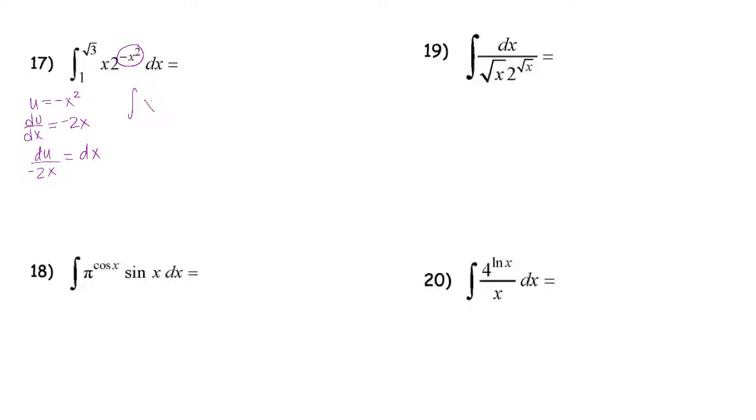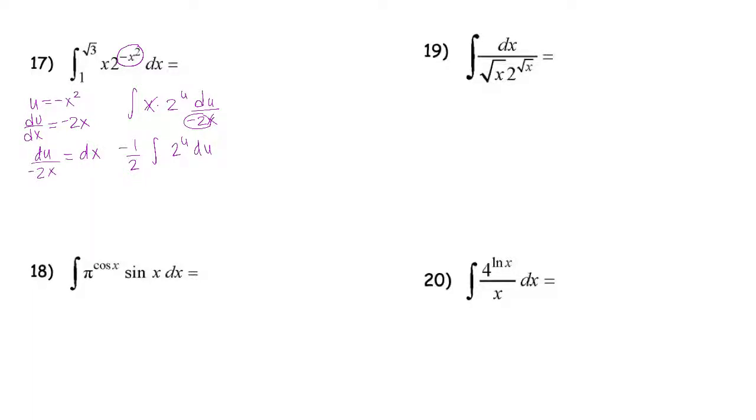We have an x times 2 to the u, and dx is going to be du over negative 2x. And those x's are going to cancel. And then we're going to move this negative 1/2 to the outside. And so we have that negative 1/2 integral of 2 to the u du.